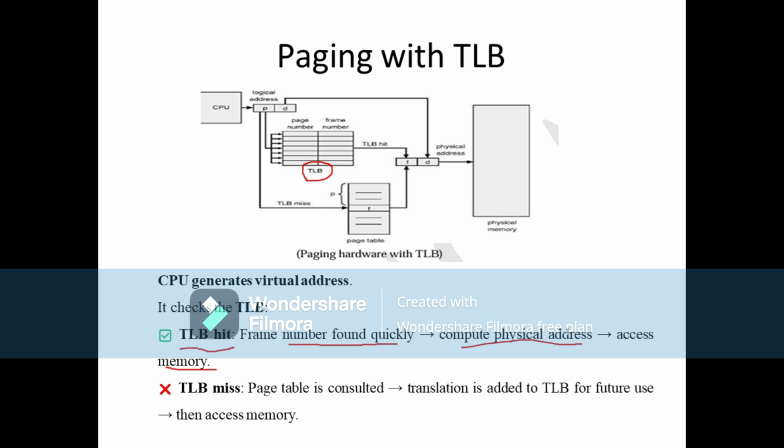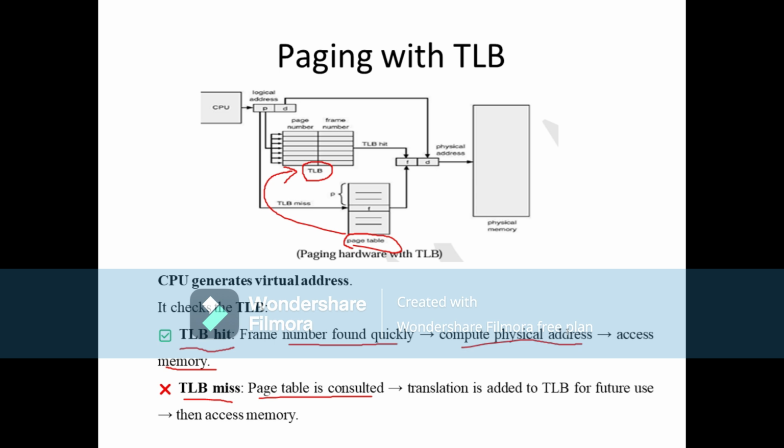If the page is not there in the TLB, then it is called a TLB miss. In that case, the page table is consulted and the translation is added to the TLB, and then for future use the memory can be accessed.